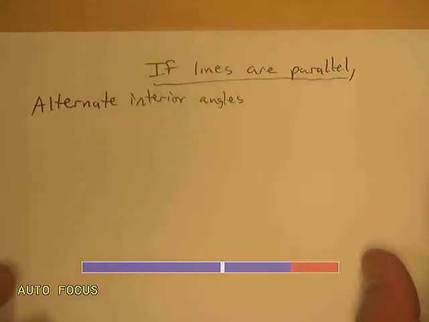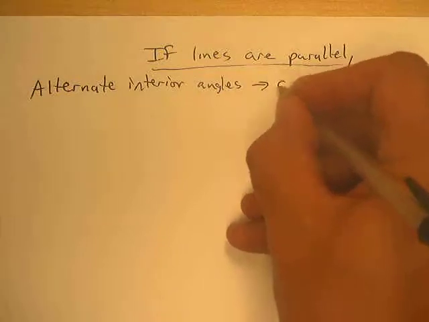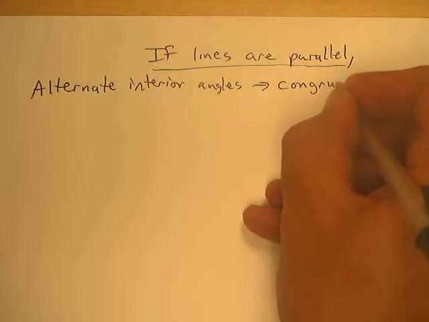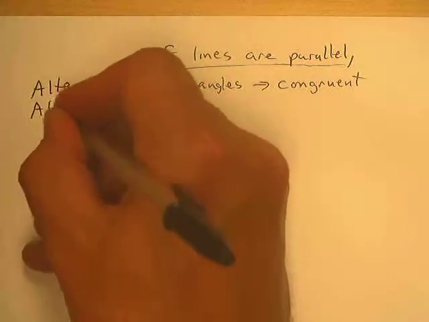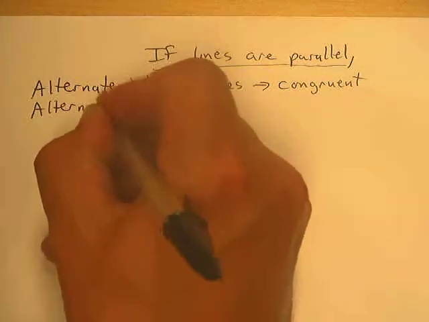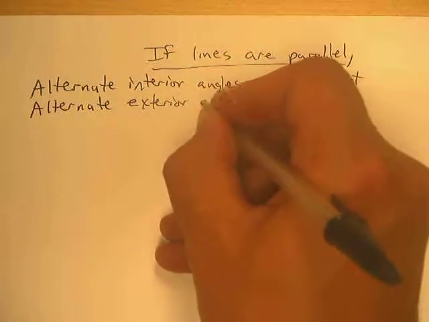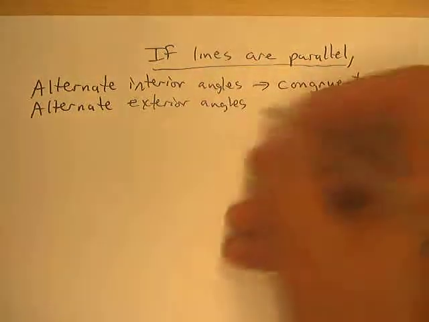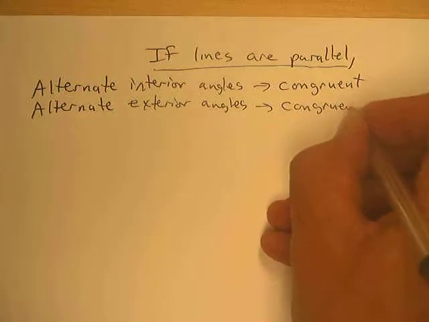I'm going to zoom in just a little bit. So if the lines are parallel, alternate interior angles are congruent, which means they are the same measure. Alternate exterior angles are congruent.